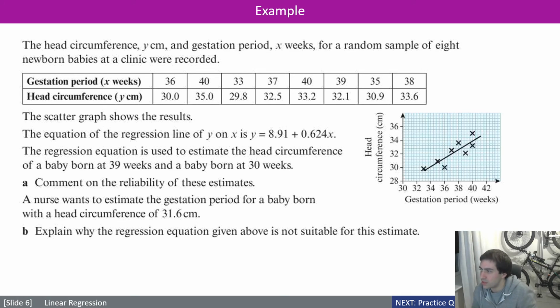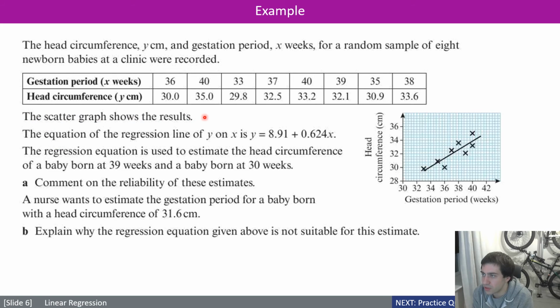So you've got these 8 babies, and you can see one of them was born at about 33 weeks, and the circumference of the head was about 30, and that increases as you have a longer gestation period. The circumference of the head increases. They've even drawn on a line here, so clearly this question is already giving us for free. There's a linear correlation to be assumed here.